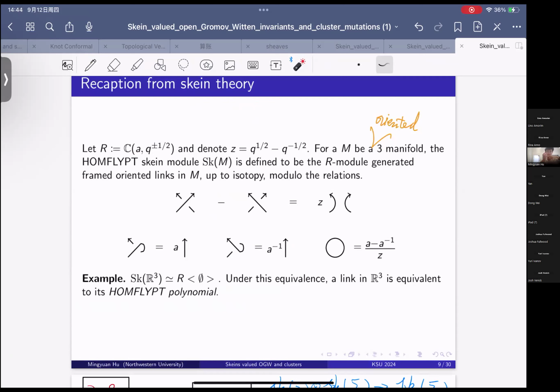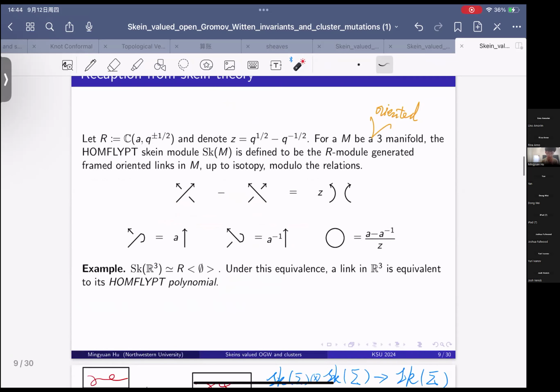So you have a link and we fix the framing direction of this link. Here, for example, on R2 we're taking the blackboard framing, so everything is pointing inward. In a general three manifold, which edge is on the top and which one is on the bottom is well defined.